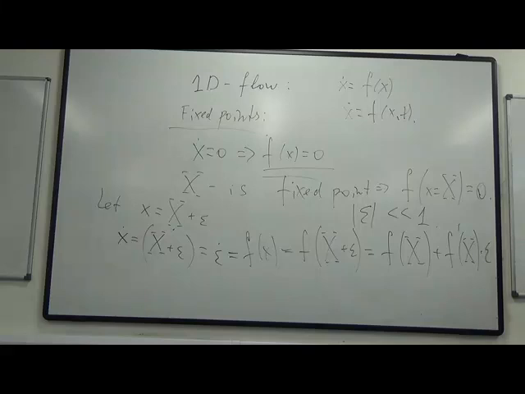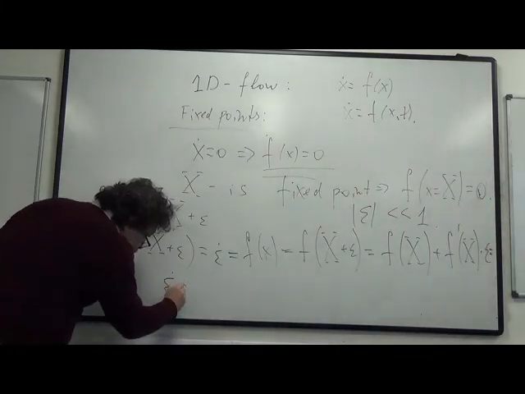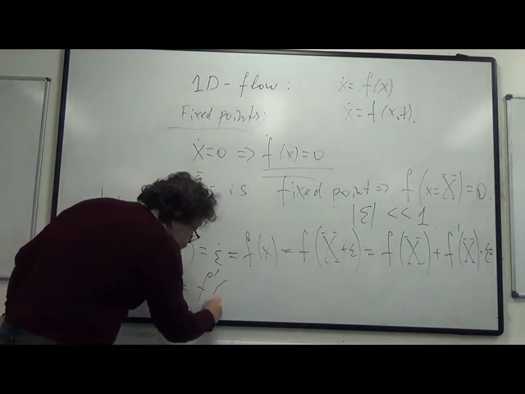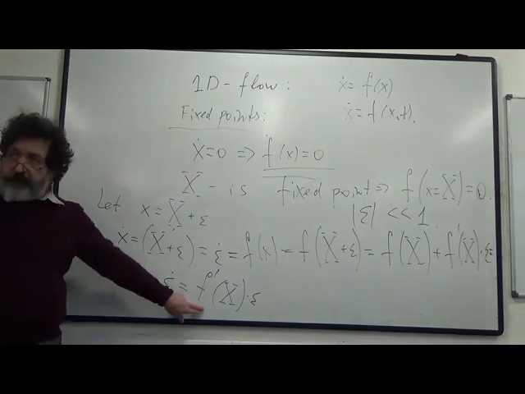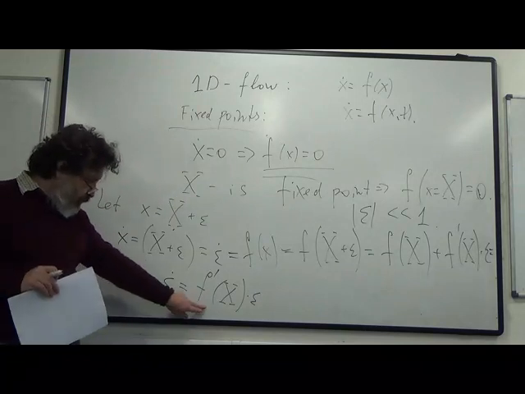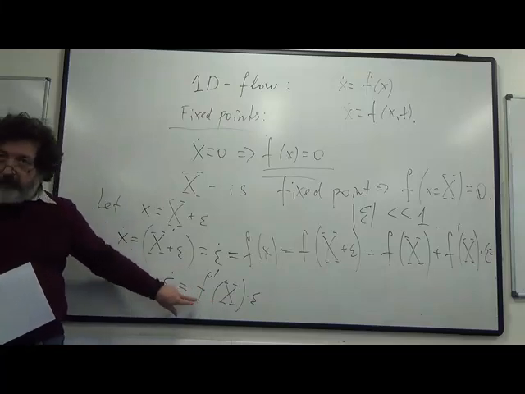Then we know that f at x capital is 0 because x capital is an equilibrium. Therefore epsilon dot equals the derivative of f at x capital times epsilon. And this is just a number, the derivative at a certain point. So we have a linear equation for epsilon.